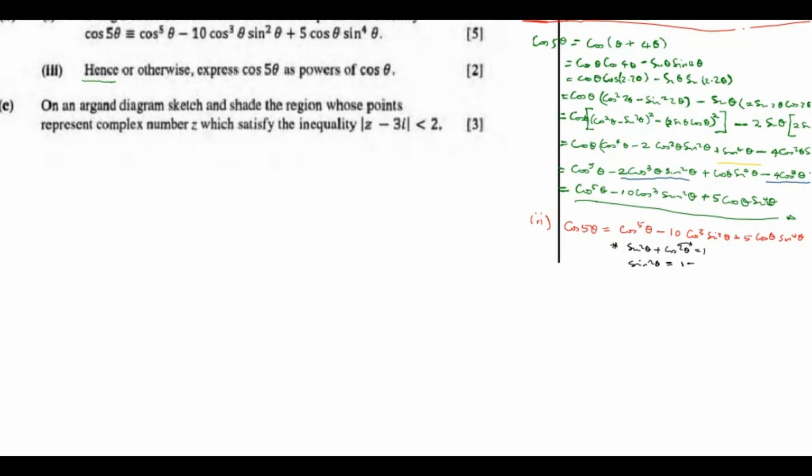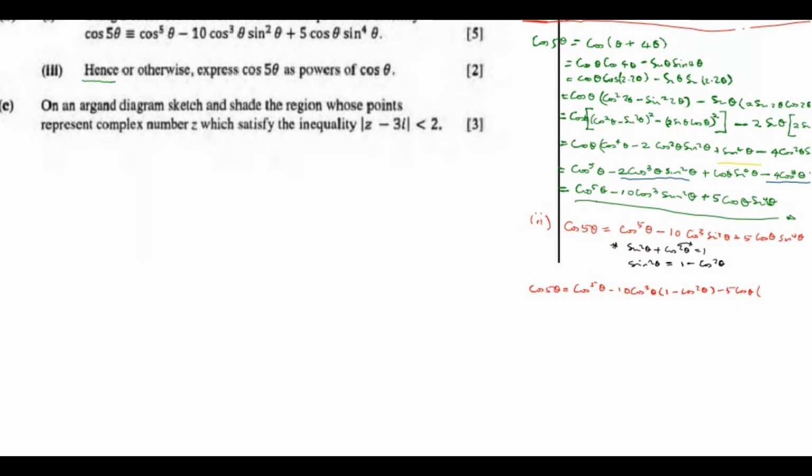So it becomes cos 5 theta will be equal to cos to the power 5 minus 10 cos cubed theta, then where we have sine squared, we substitute 1 minus cos squared theta, then minus 5 cos theta. Where we are having sine to the power 4, we take it as sine squared theta, then we square that.